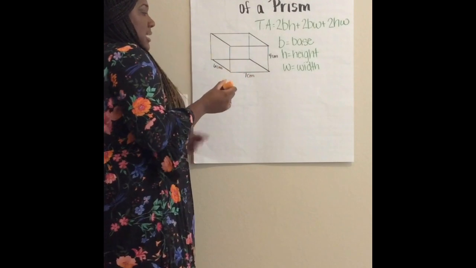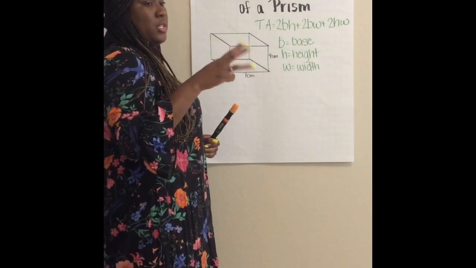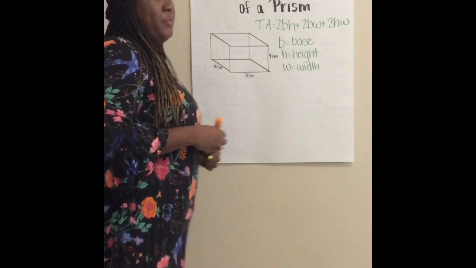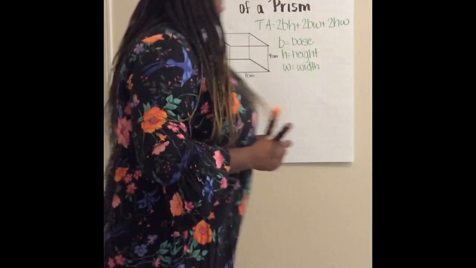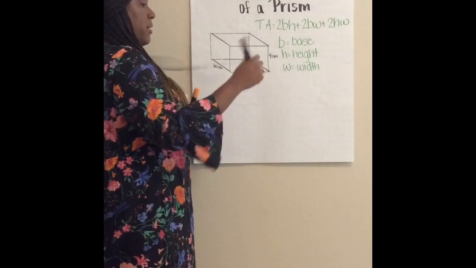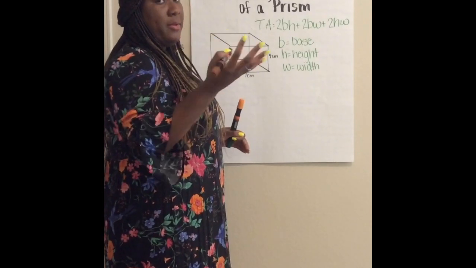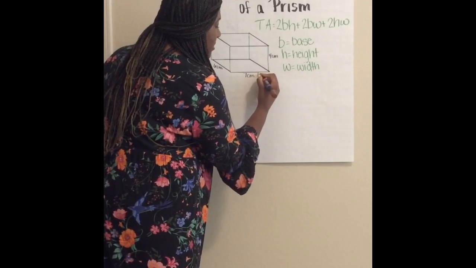So now let's identify what we have. Here I like to use at least 3 different colors to identify. So let me grab another marker. When you think of base, think of bottom. The bottom of it. So this 7 is our base.